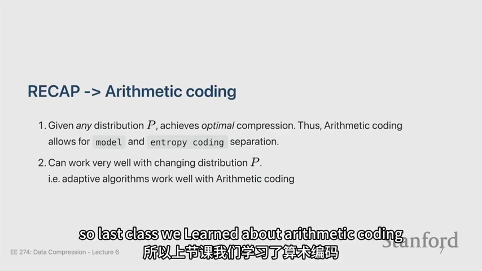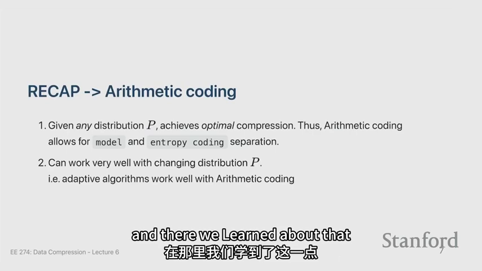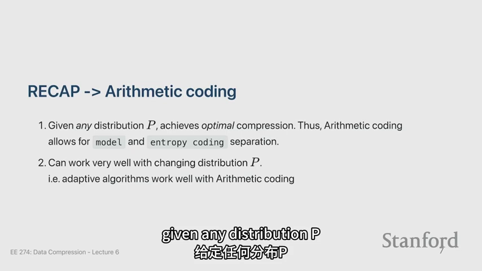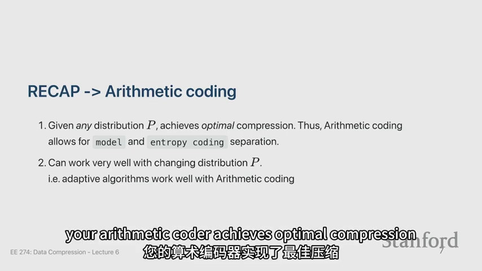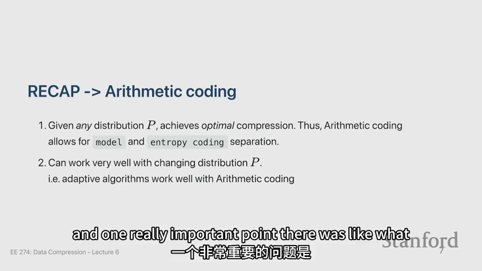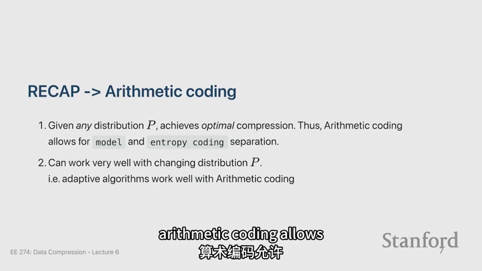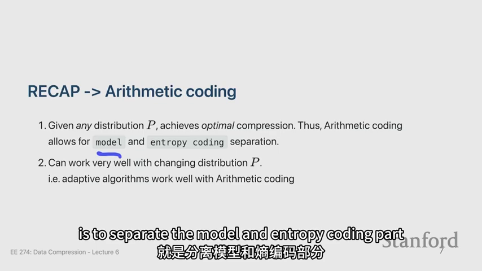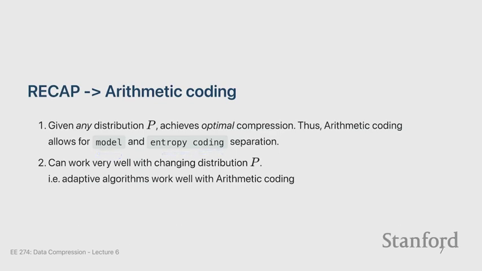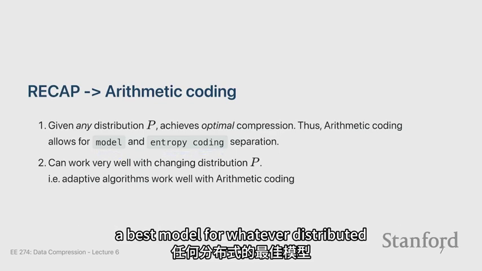Last class we learned about arithmetic coding, and there we learned that given any distribution P, your arithmetic coder achieves optimal compression. One really important point was that arithmetic coding allows us to separate the model and the entropy coding part.